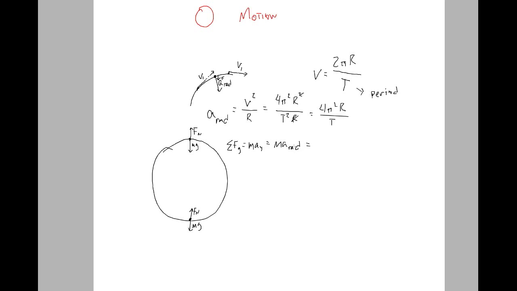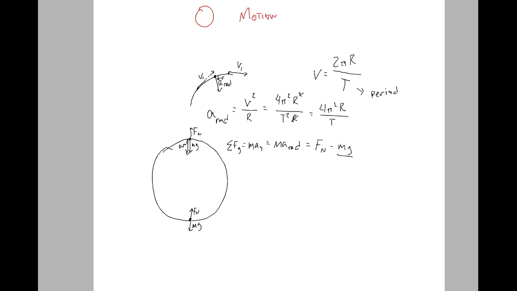And that radial acceleration equals, if we take up to be positive and down to be negative, then I've got Fn minus mg. Well, I must have a negative acceleration because my acceleration is directed down. It's directed this way. So, in other words, this weight needs to be greater than my normal force.